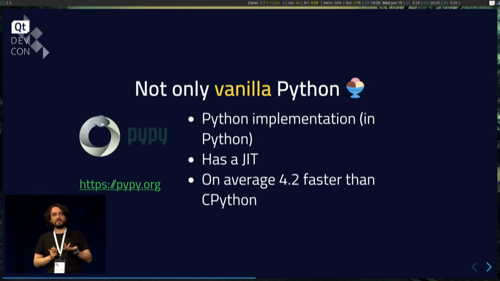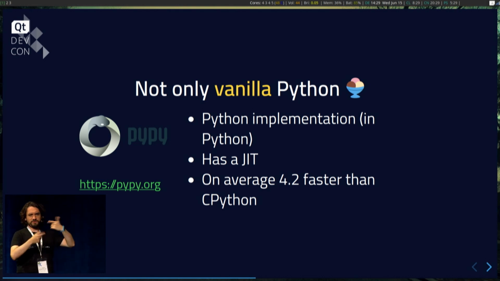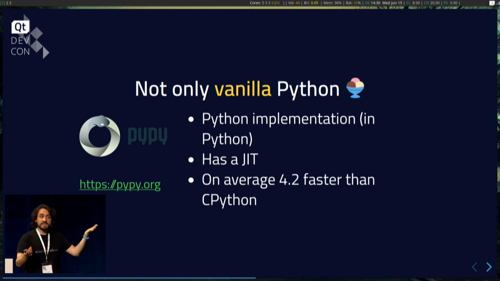But one of the implementations out there that is really popular is the implementation of Python in Python. Quite a recursive thing, like when Git was developed under Git. It was a really weird thing, but they implement the Python interpreter in Python. And surprise, surprise, it's faster than the one written in C. That's material for another talk.